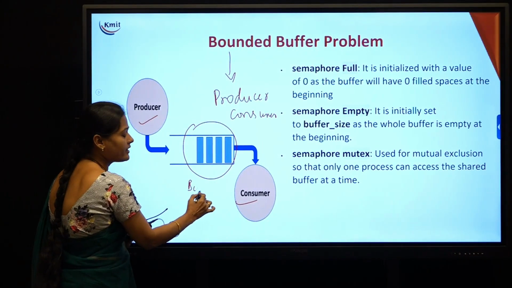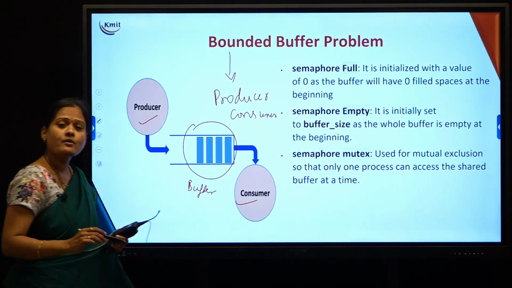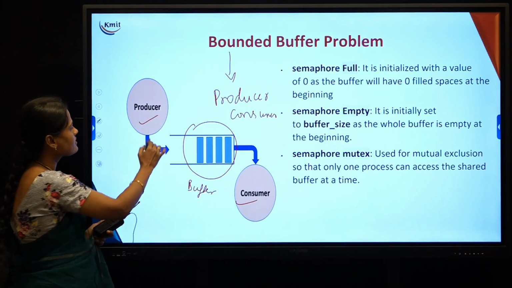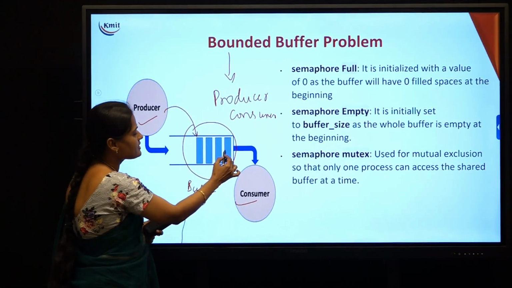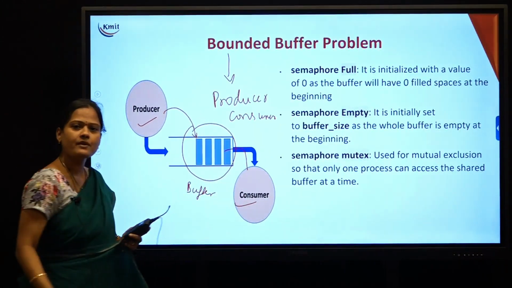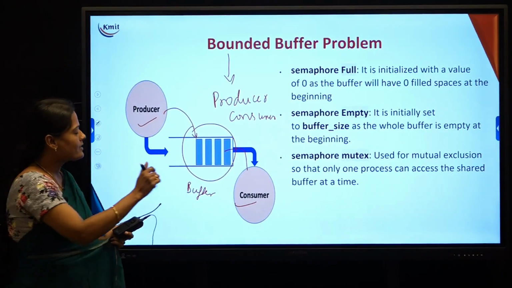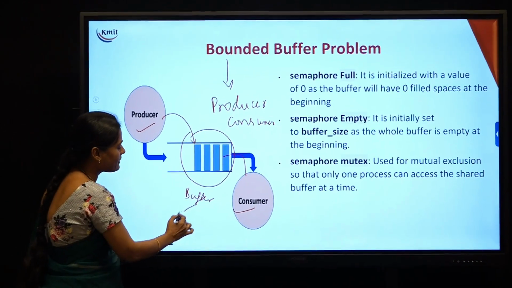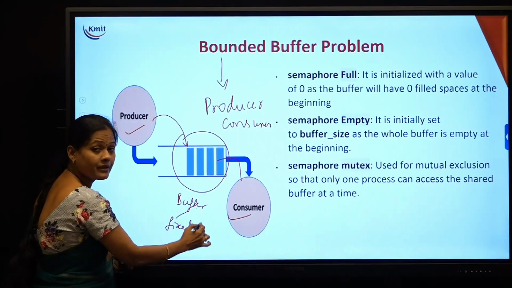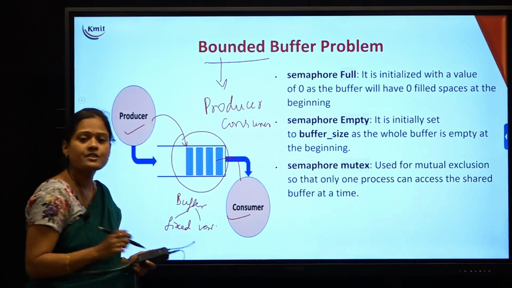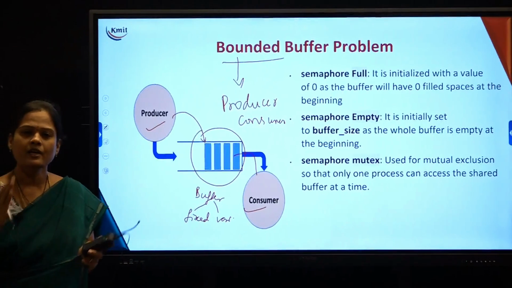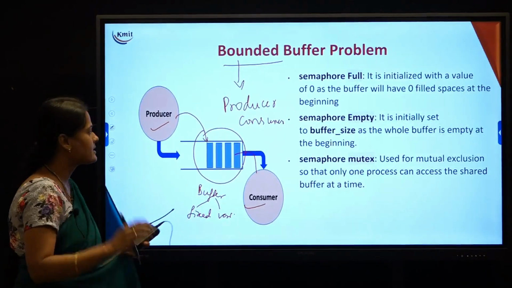The main responsibility of the producer process is to dump elements into the buffer, and the job of the consumer is to read or take out elements from that buffer. The buffer can be a fixed size buffer or a variable size buffer. But as the name implies, it is bounded, meaning we only go for a fixed size buffer where the size of the buffer is limited.